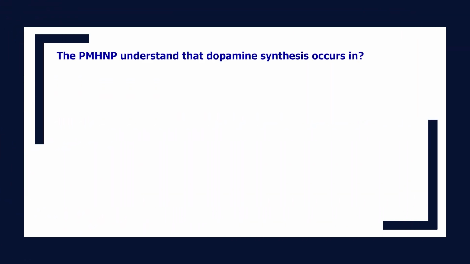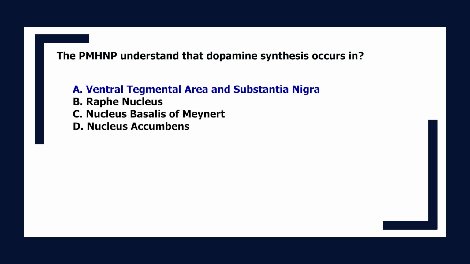The PMHNP understands that dopamine synthesis occurs in: A. Ventral tegmental area and substantia nigra. B. Raphe nucleus. C. Nucleus basalis of Meynert. D. Nucleus accumbens. The answer is A. Ventral tegmental area and substantia nigra.